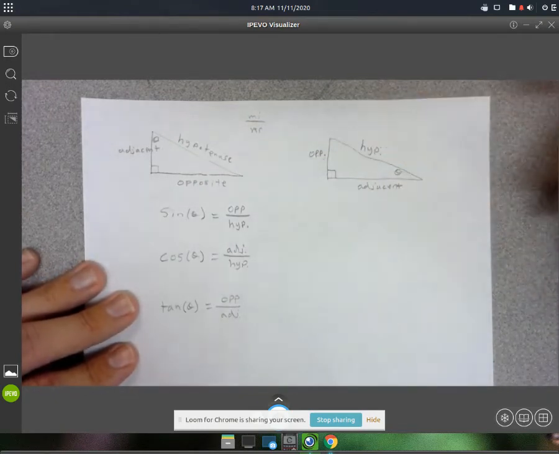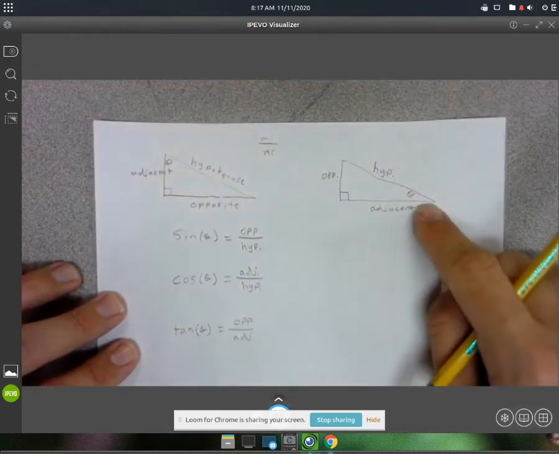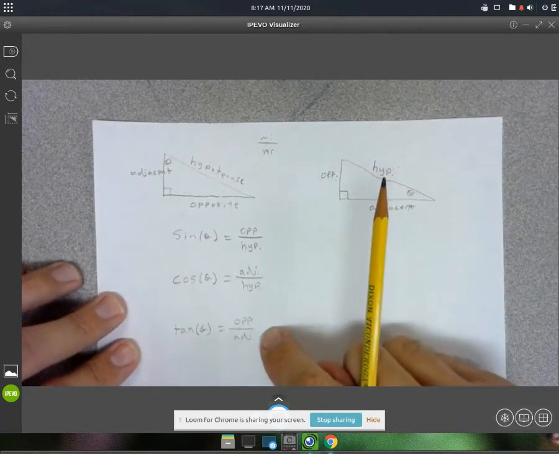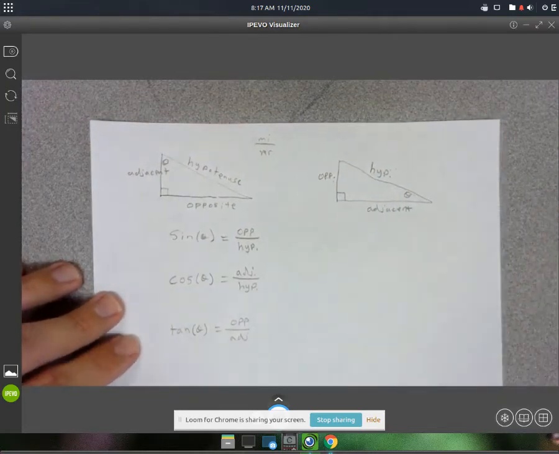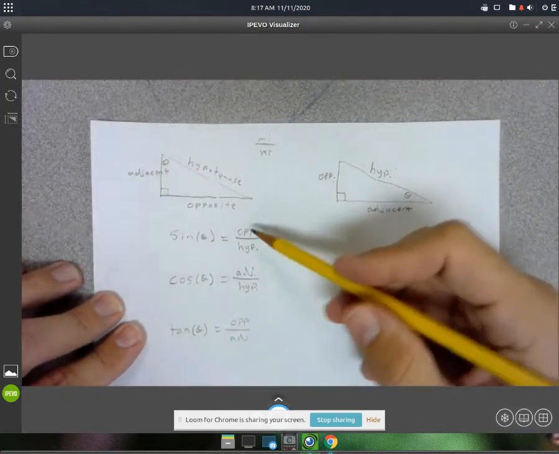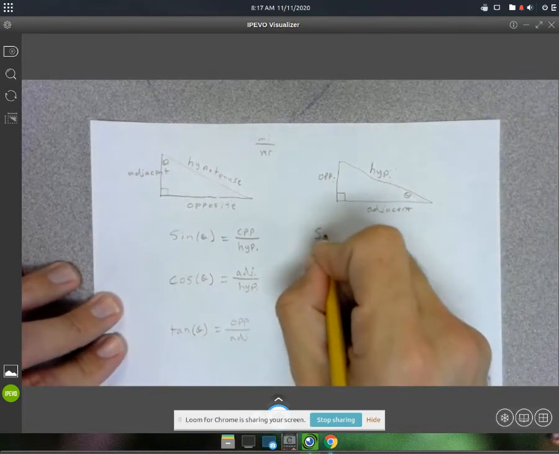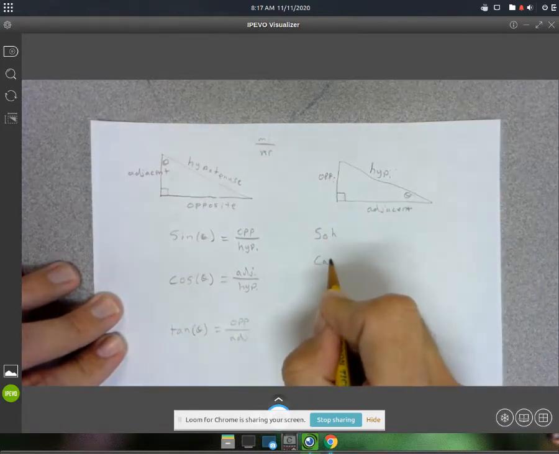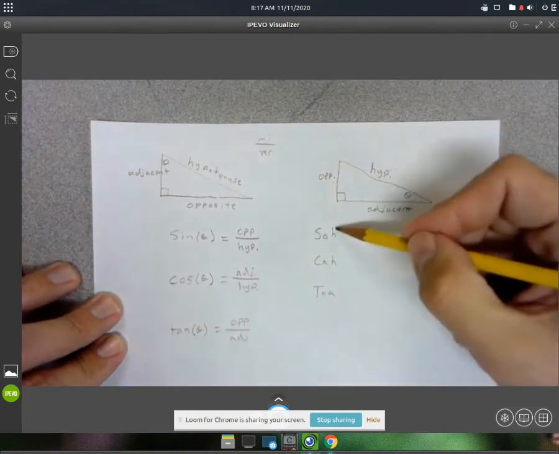If these were numbers, which we'll do an example of in a second, then all of these trig ratios would represent fractions, like 1/2 or 3/4, 3/8, some fraction. The mnemonic for how you usually remember these is SOHCAHTOA, spelled out like this, where the H is kind of silent.